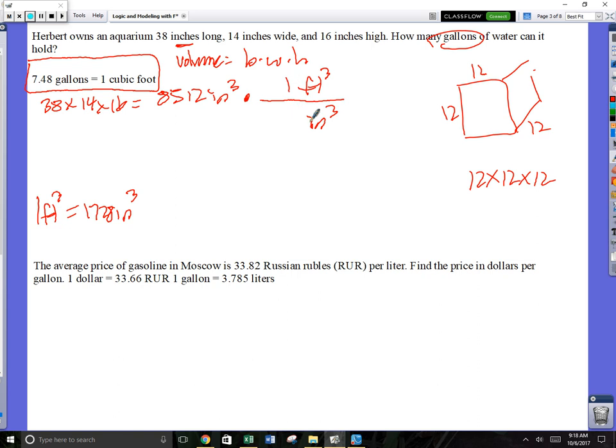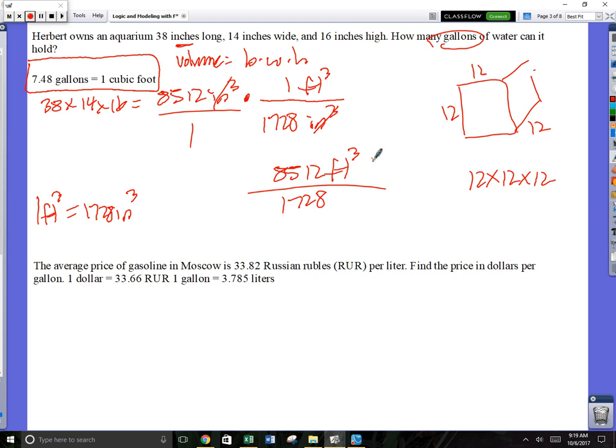So here we go. 1 foot cubed equals 1,728. Okay, so I'm going to put this over 1. Now inches cubed kills out inches cubed times your tops. So I got 8,512 times 1. Now we're in foot cubed on top. Times the bottoms, 1 times 1,728, 1,728.